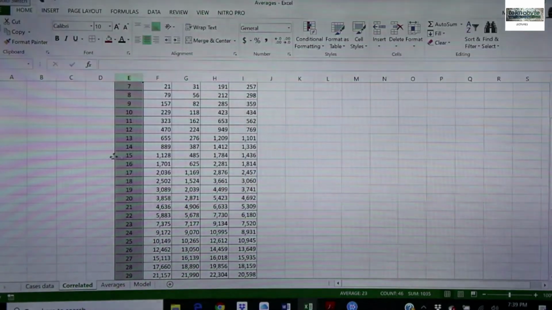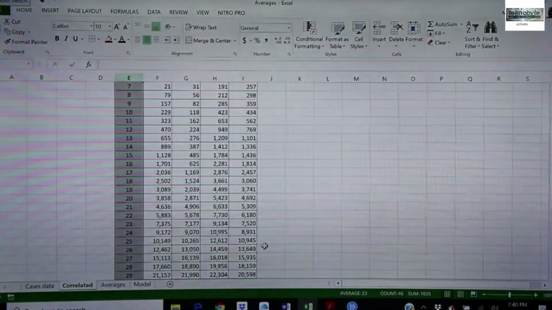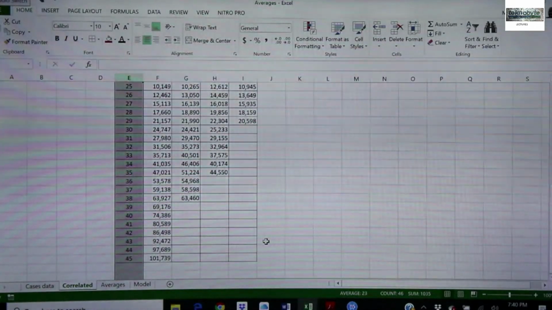So you can see that I've just pushed this data back so that the 63,000 starts from here so that we can see the correlation backwards. This 44,000 goes back and starts from here, then going backwards. And therefore, what we have is the data that will be looking like this.